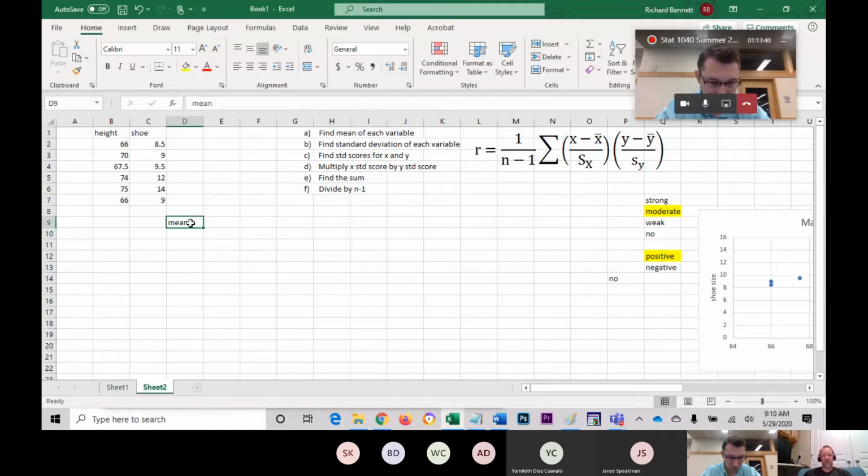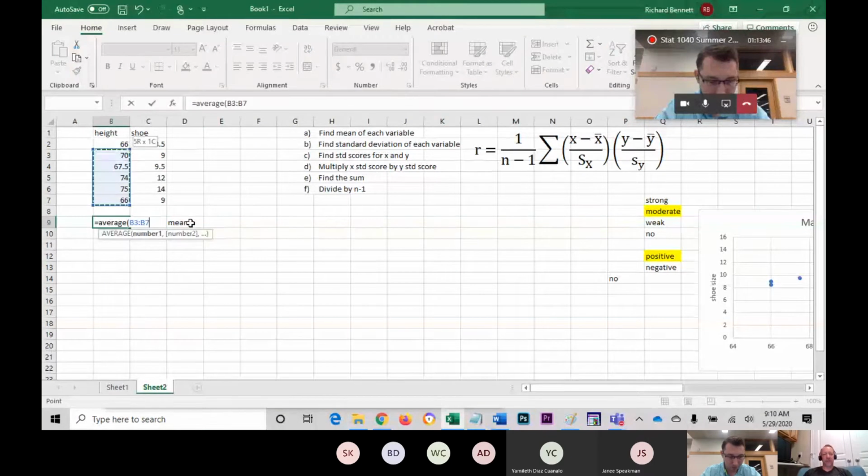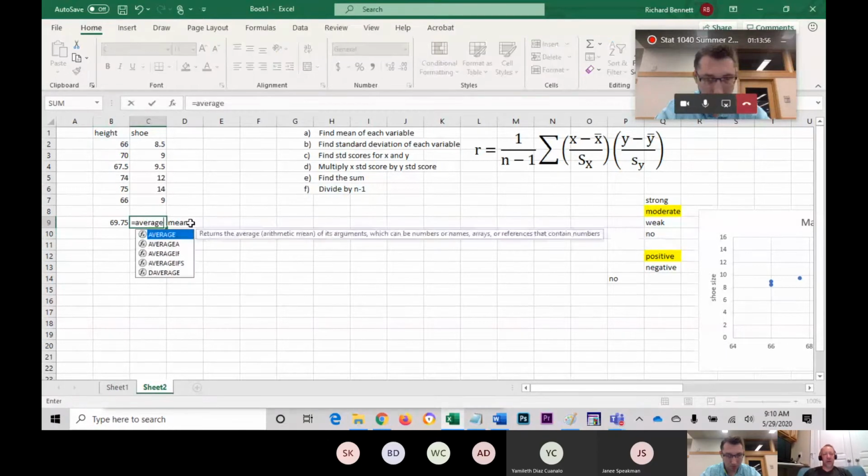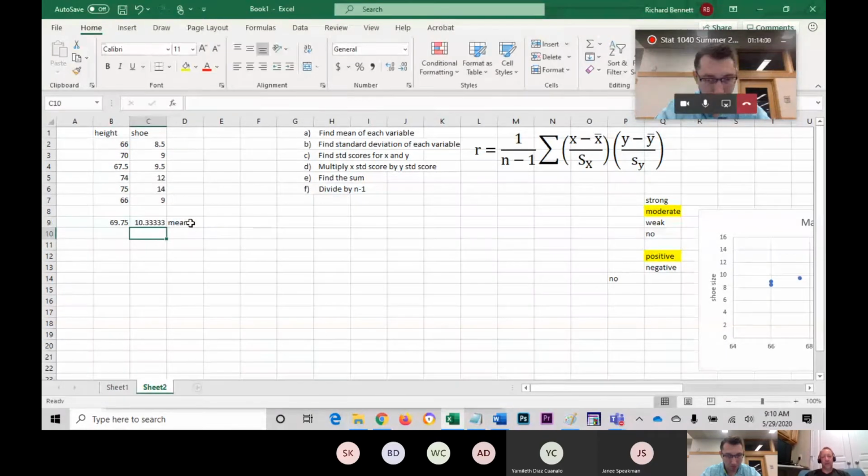So I'm going to find the mean of each of these. The mean height in our class is 69.75 inches. The mean shoe size is 10.33, okay? So we found the means.